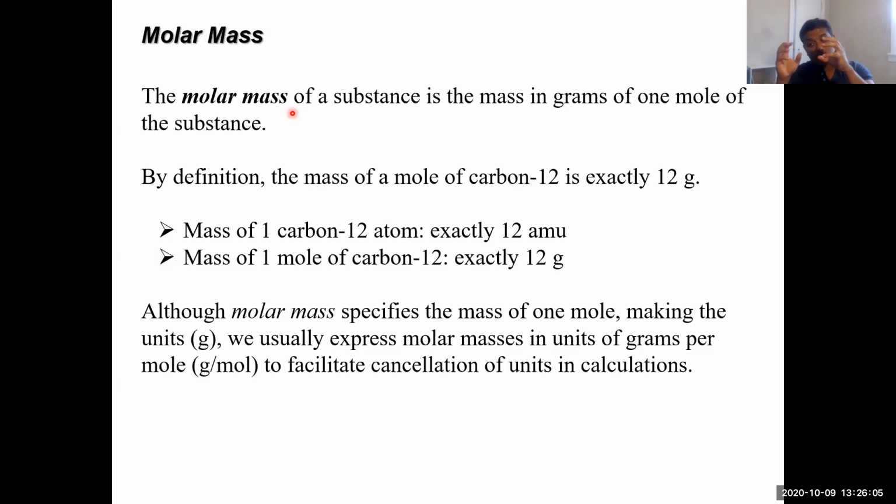Those many oxygen atoms are going to weigh 16 grams. Similarly, 1 mole of hydrogen atoms is going to weigh 1 gram only, because that is the average atomic mass. Am I making sense? If not immediately, it's going to click for you in just a couple of minutes.